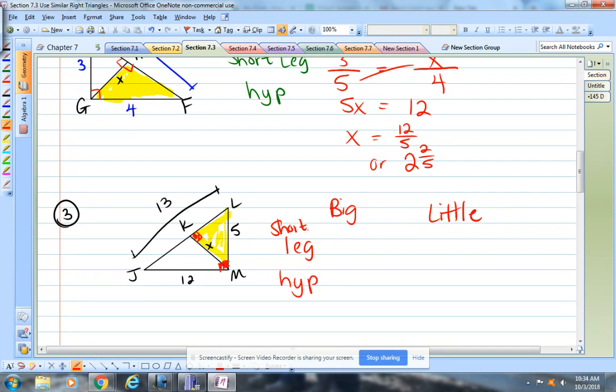All right. So, okay, in the big triangle, what's the length of the shortest leg? 5. Over, what's the length of the hypotenuse in the big triangle? 13. Equals, what's the length of the short leg in the yellow triangle? X. Over, what's the length of the hypotenuse?